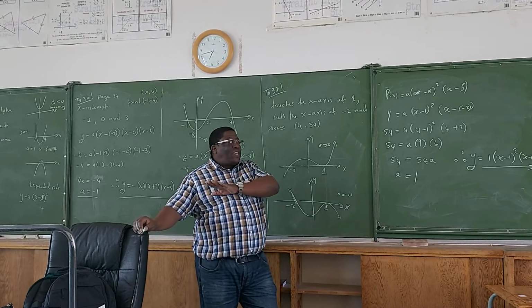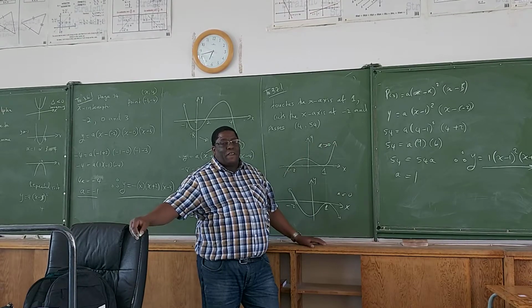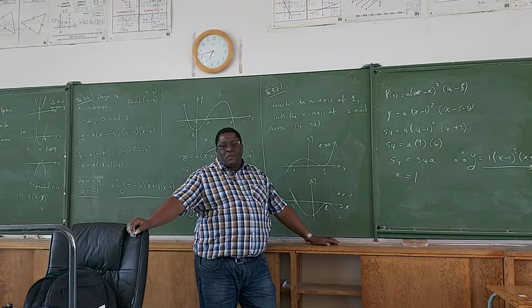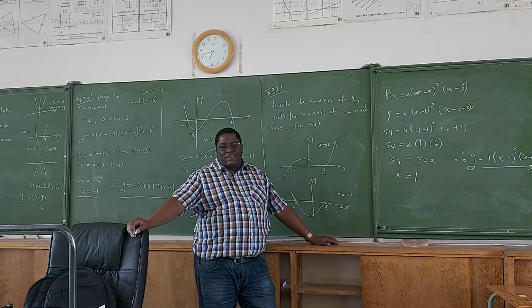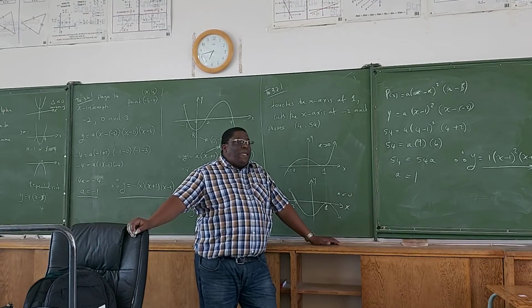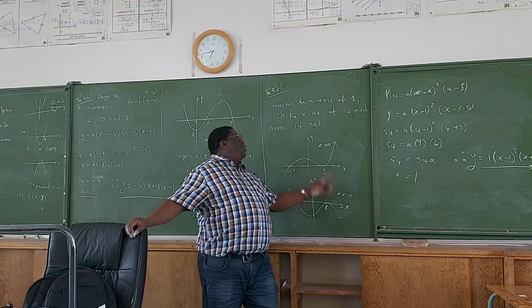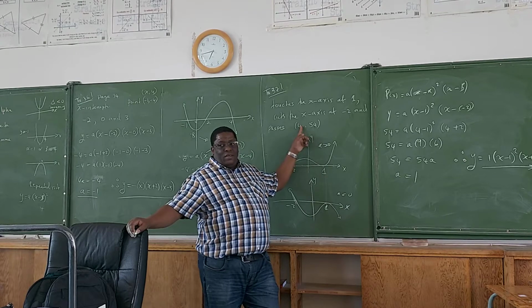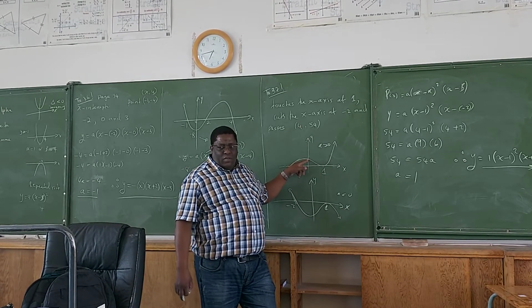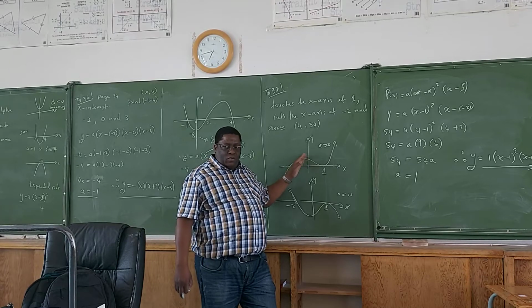Let's forget about saying passes through. Why is it not the y-intercept? What about the coordinates? What should the x coordinate be in order for this to have been the y-intercept? It should have been 0. So when you sketch this, you can't go right here, that's not the point. Because x will have to be 0.